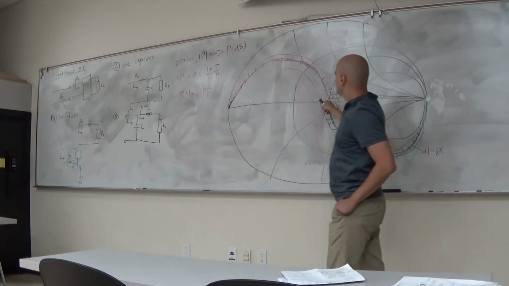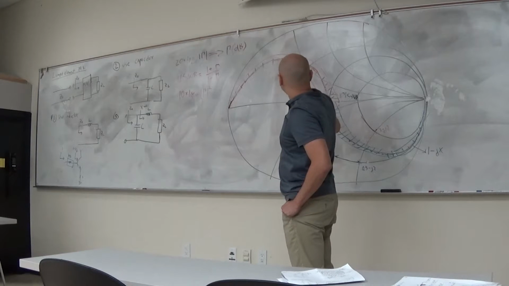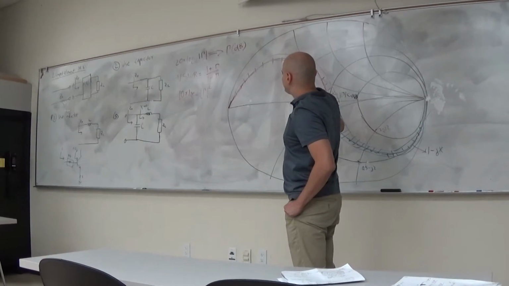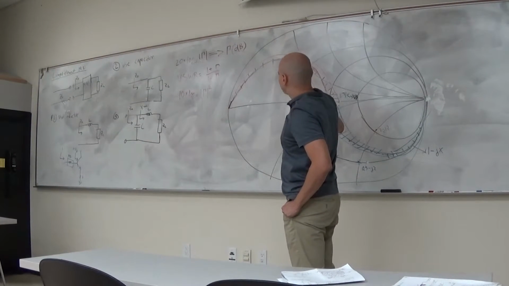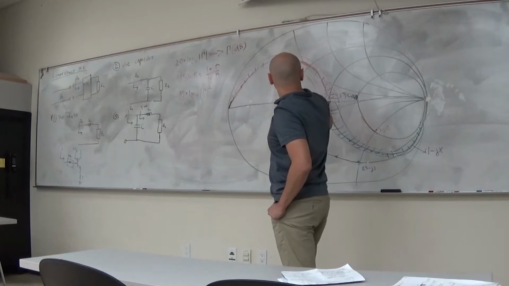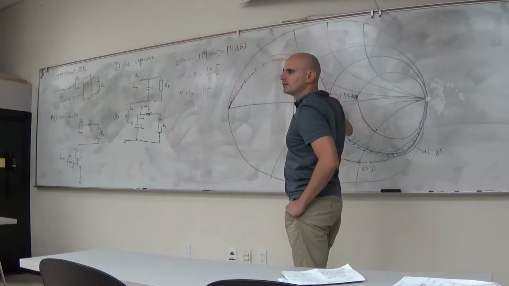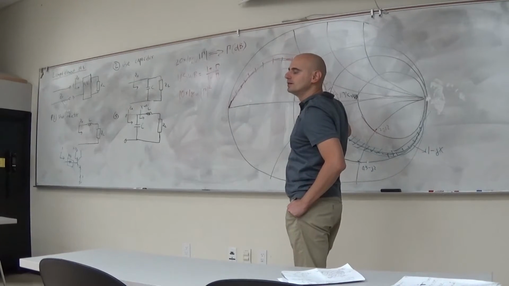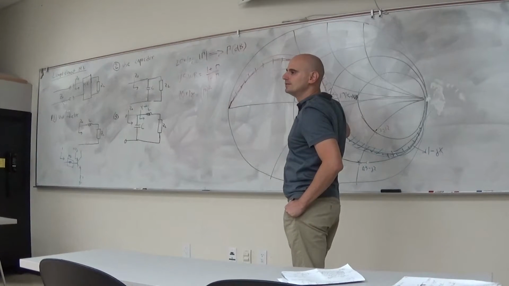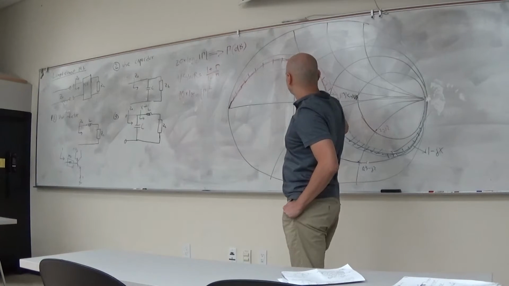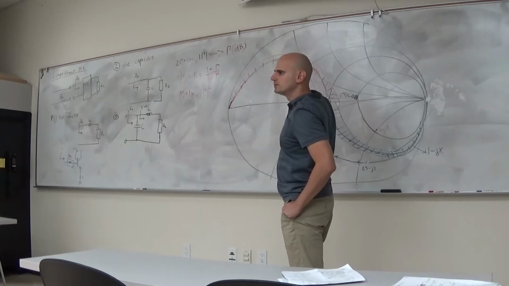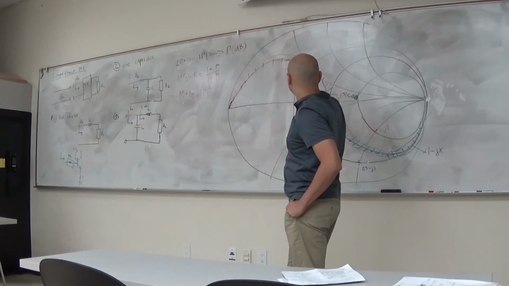Now the question is, where should ZL be so that I can use an inductor to bring ZL to Z1, this semicircle? Where should ZL be? Go ahead. Anywhere on the left part? Where would you say the left part is? From R equal to 1.